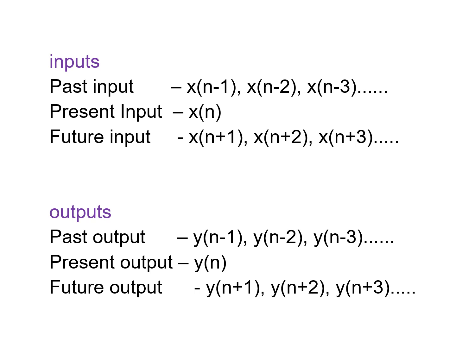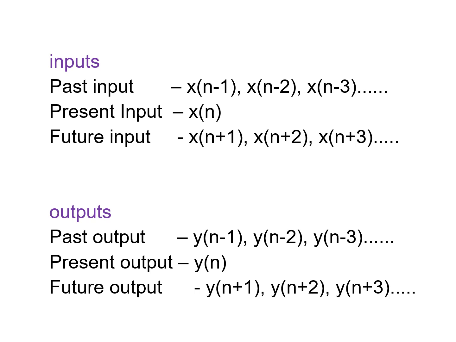Input and output we will see now. Input is x of n, output is y of n, that we all know. To write the past input, after n we have to write minus, like yesterday or day before yesterday. For past we have to write minus after n.